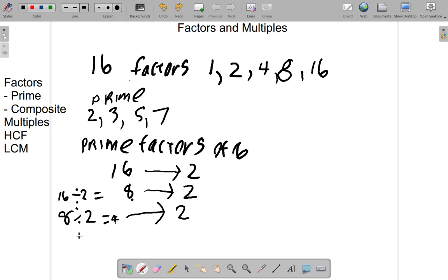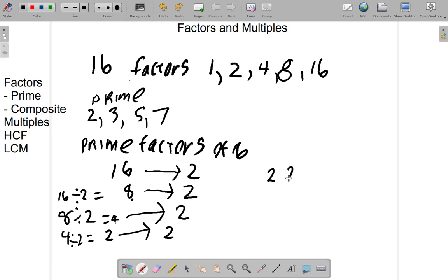Now, if you divide 4 by 2, you get 2. And what can divide into 2? It's 2. Alright. So, 16, the prime numbers that all multiply up to give you 16.